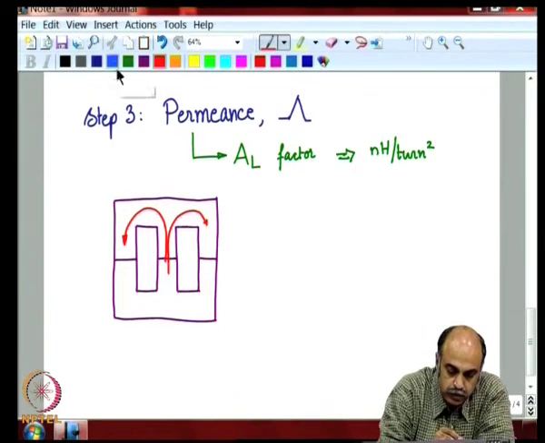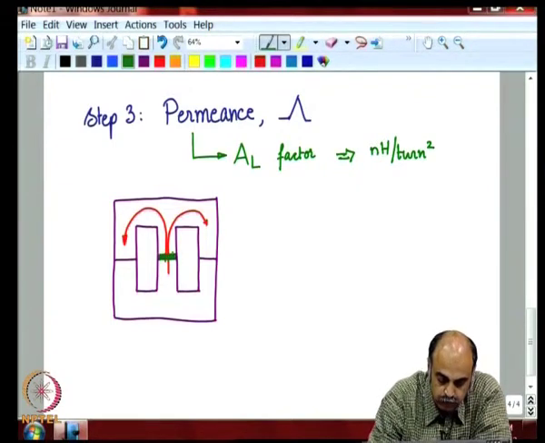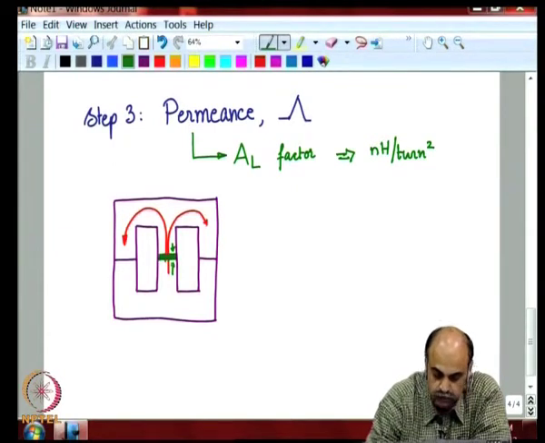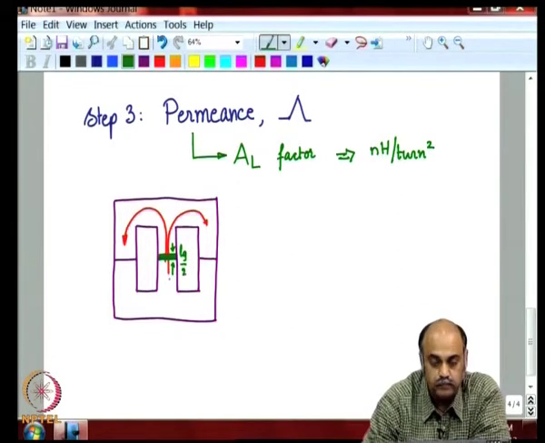Now, if you provide an air gap, let us say you insert paper of thickness Lg by 2.